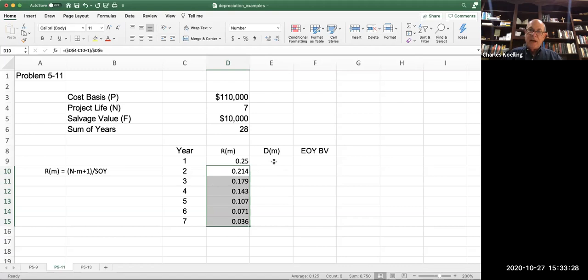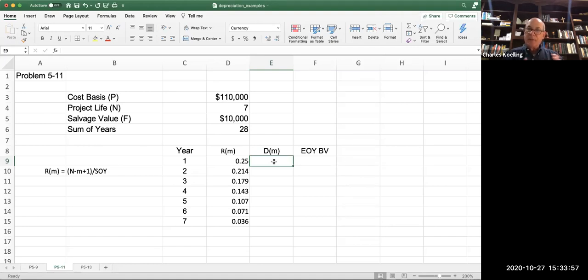Okay, now the next column is the depreciation amount, D sub M. And what is the depreciation amount for each year? Well, it's P minus F, that original purchase amount minus the salvage value, and that's how much we're going to depreciate over the 7 years.